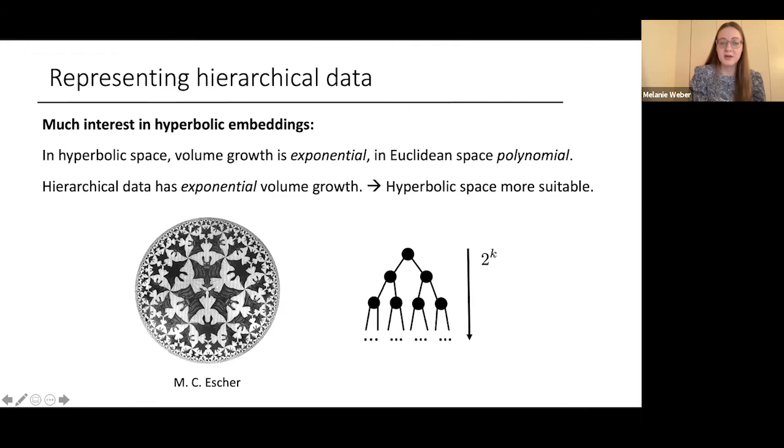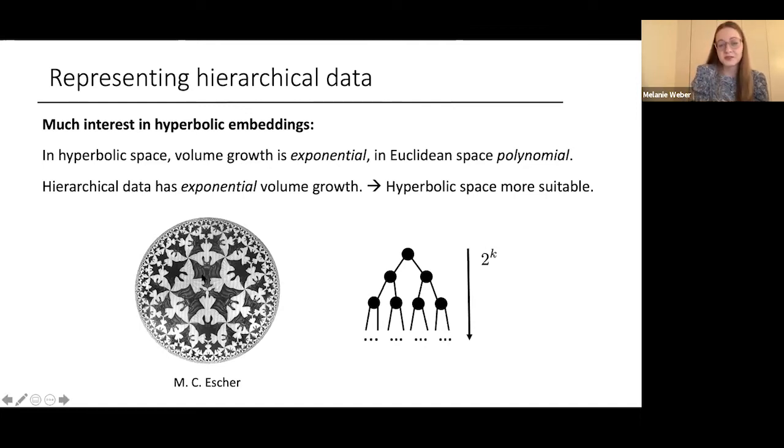And in a hyperbolic space, the exponential volume growth is easy to see in this nice artwork from M.C. Escher, which represents one specific model of hyperbolic space, namely the Poincaré ball model, which constructs a hyperbolic space in the Euclidean unit ball. Here the exponential volume growth can be seen as follows. Each of those bats in the pattern have the same area when measured with respect to the hyperbolic metric.